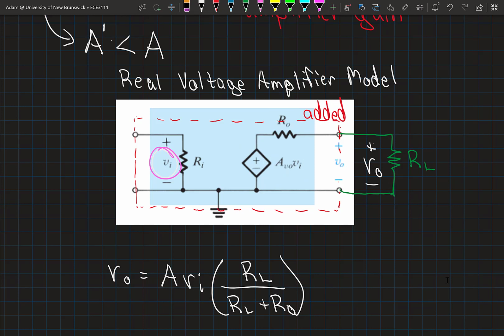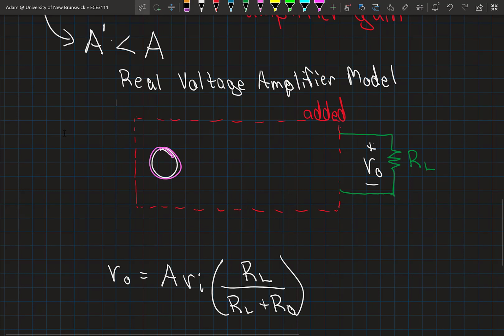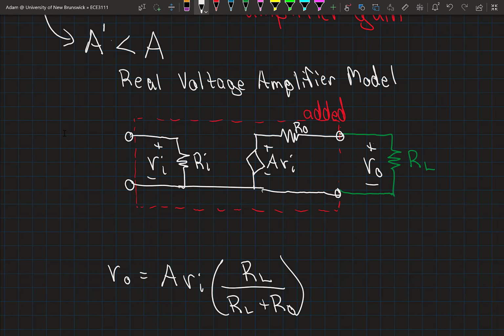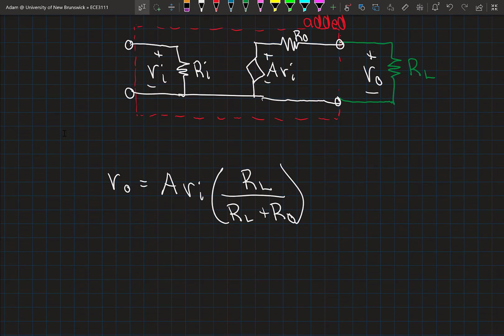Okay, let me redraw this. Let me maybe take this figure out of here because it doesn't show up nice on this black background. So now my true real voltage amplifier, taking into account both my output resistance that's not zero and my input resistance that's not infinite, we have an output voltage that is impacted by that voltage divider on the output.